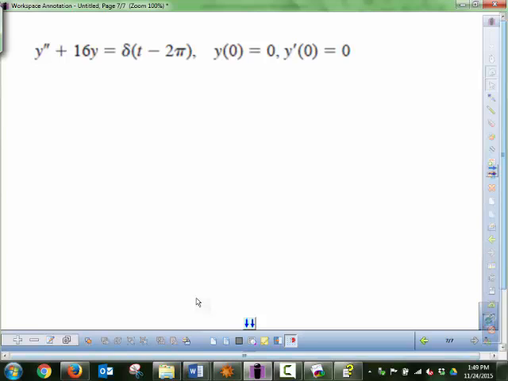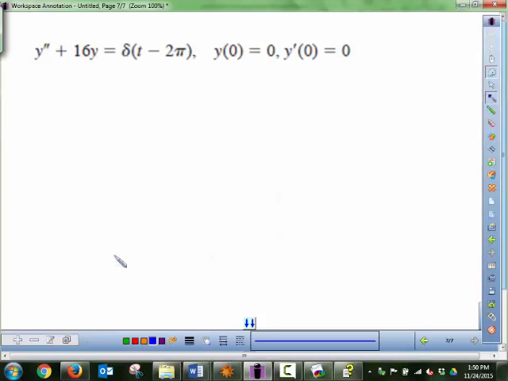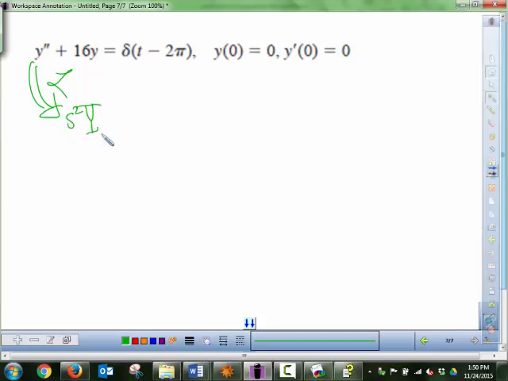Let's solve for this using Laplace transforms. Let's transform this already into the S world. Let's take our Laplace transform. We've got s squared capital Y minus s times y of 0 minus y prime of 0, which are all equal to 0, so we can get rid of those, plus 16 times y.